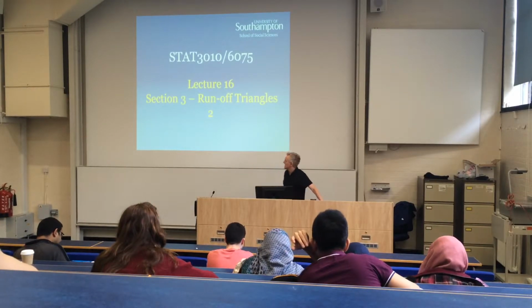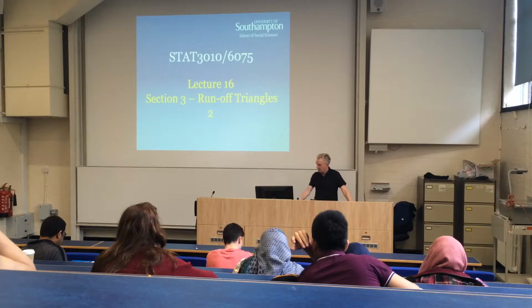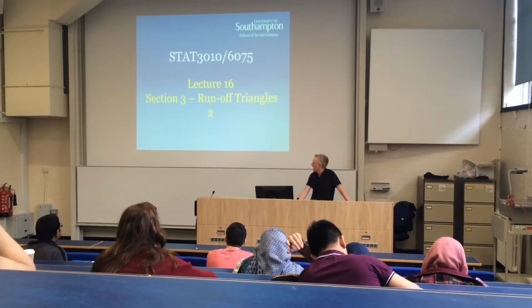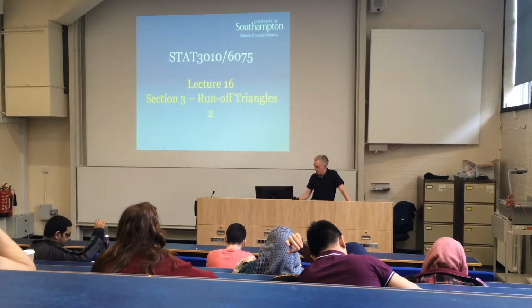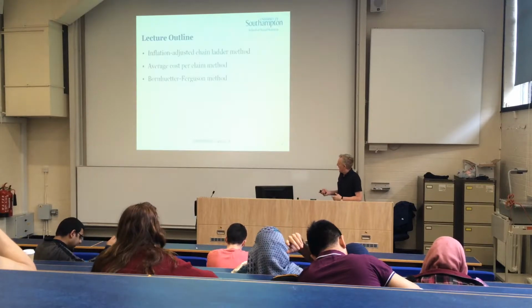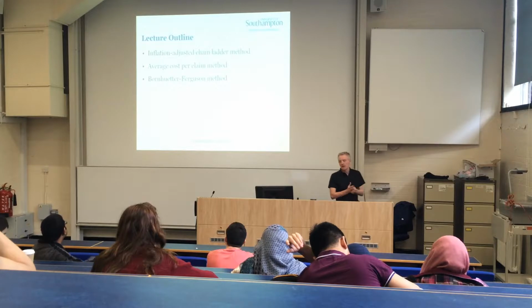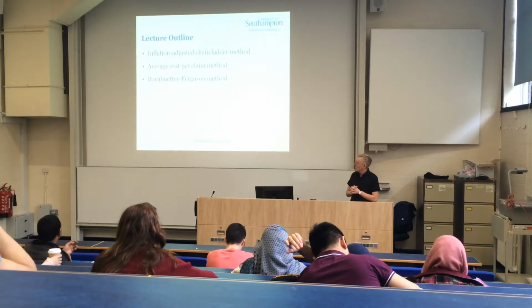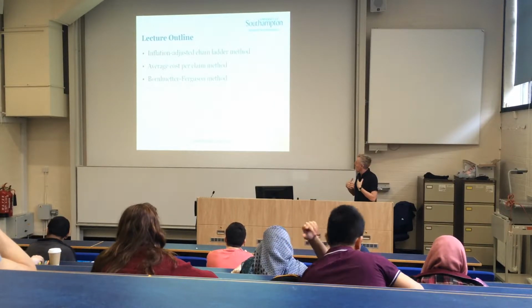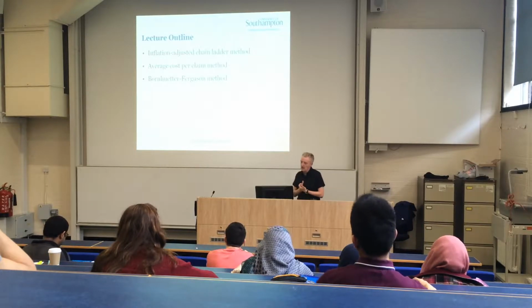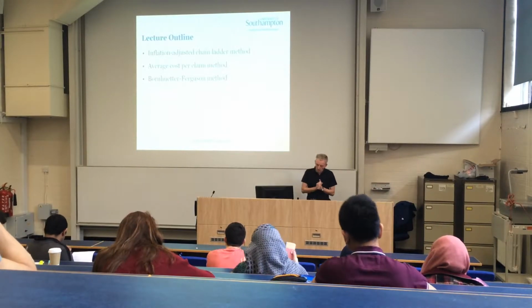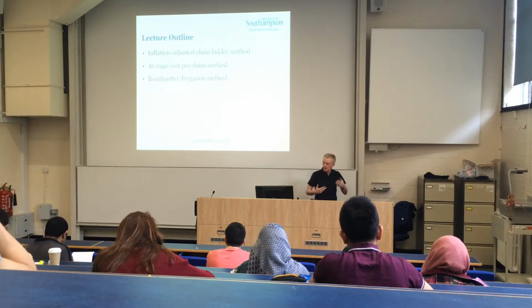Okay, today's session is the second in this small block covering this thing called run-off triangles. Just to remind you, on Friday we looked at a very basic chain ladder method, which was a method for projecting total claim payments going into the future.